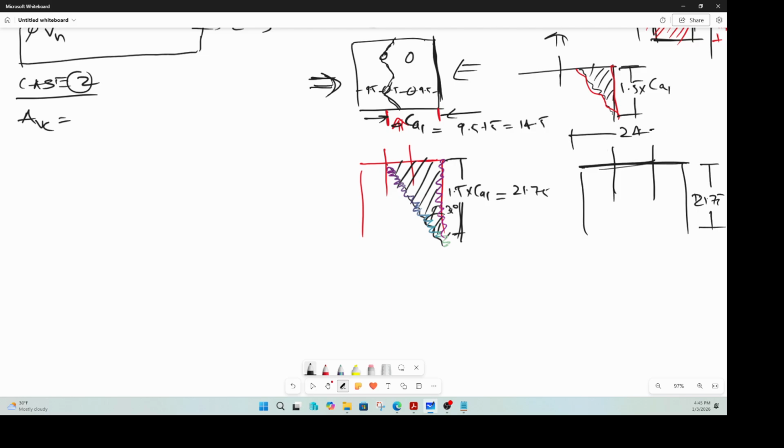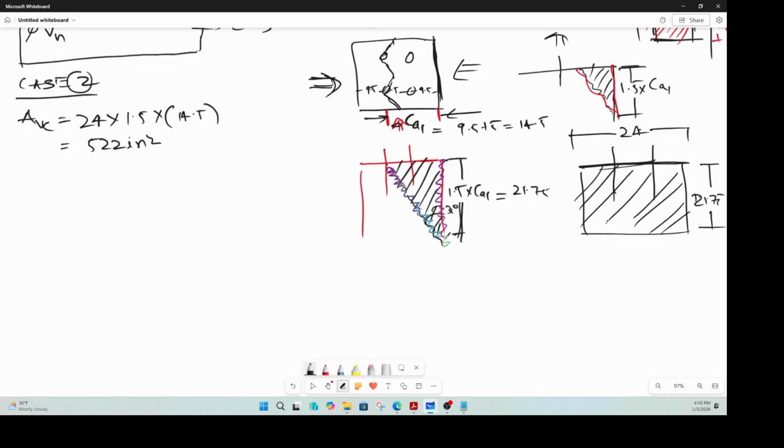So the width is 24, the depth is 1.5 times CA1. In this case, CA1 is 14.5. So that is close to 522 inch square. Okay, so that means we're talking about this area here. That is your AVC. Still there is a pedestal and then there is that foundation there.